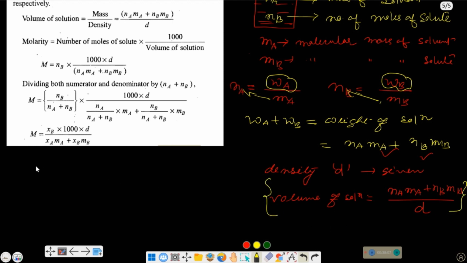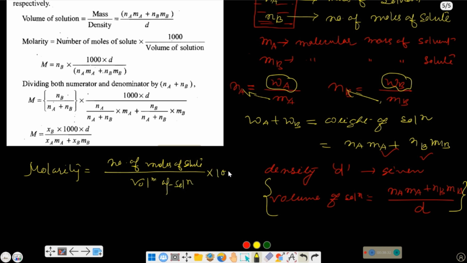Next, if we go for molarity, it is the number of moles of solute by volume of the solution into 1000, right? Into 1000. So if we put all this in, the number of moles of solute was NB.